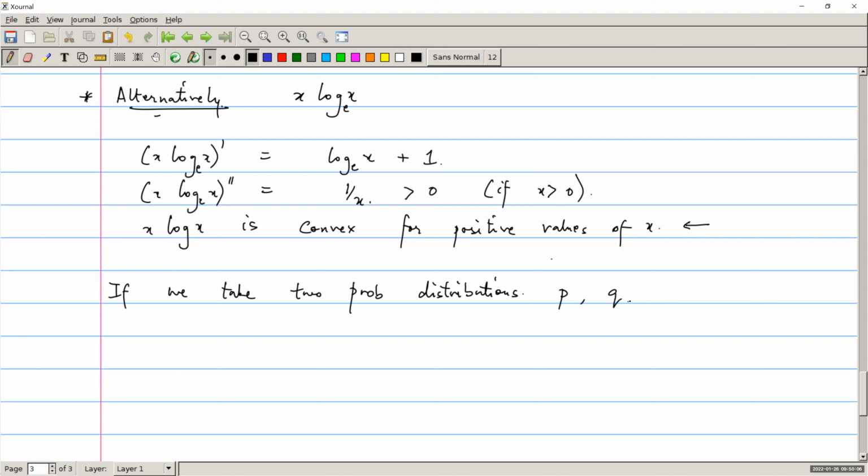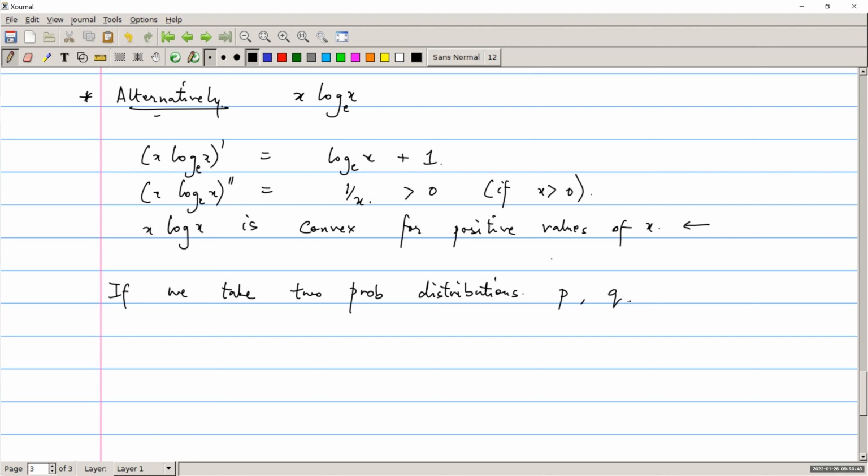Their support is not so crucial right now, just the values of the probabilities. Maybe the universe has size 10 and p assigns to each of these 10 elements some probability, so it's a sequence of numbers, one for every element of the universe, and q is the same. Q is a probability distribution on the same universe, but we don't care what the universe is.